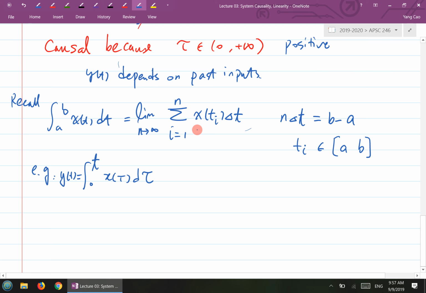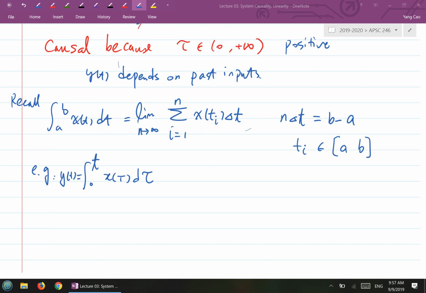Anybody care to answer? You said non-causal. Why is it non-causal? Where is the future here? Which one is the future input?